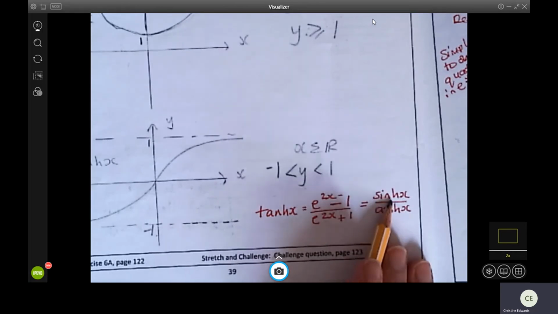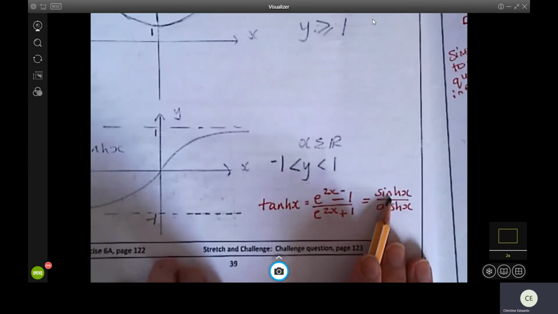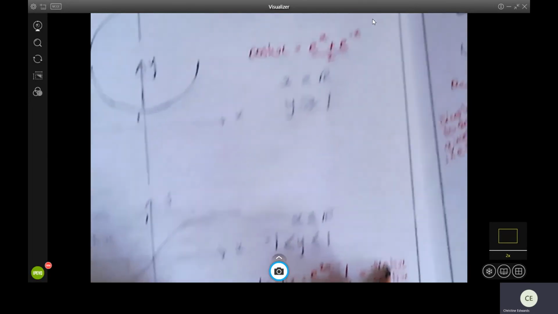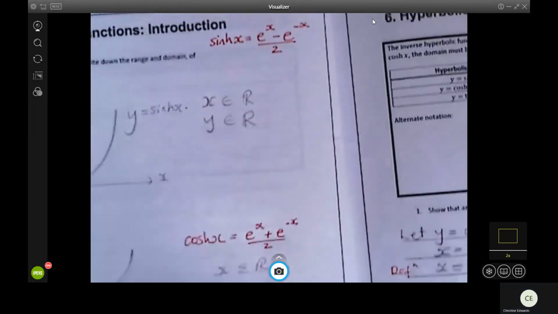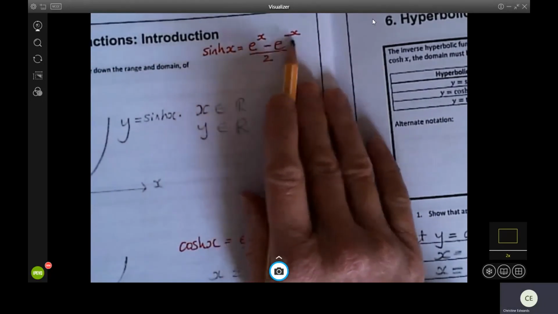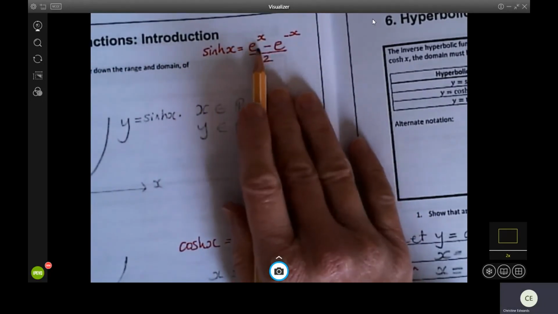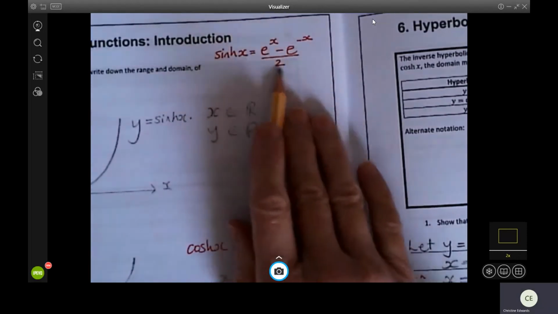If we think about sinh as x values tend towards infinity, the value of sinh tends towards e to the x over 2.